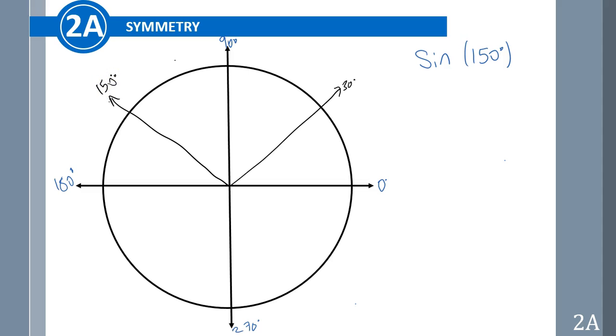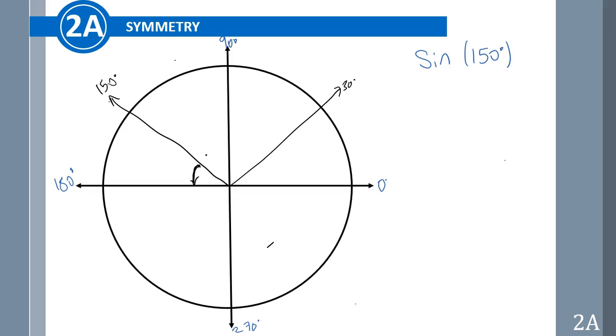What we want to do is find the distance from that line to the horizontal. You can't go to the vertical. You've got to go off 0 or 180 or 360, but we're always on that horizontal line.